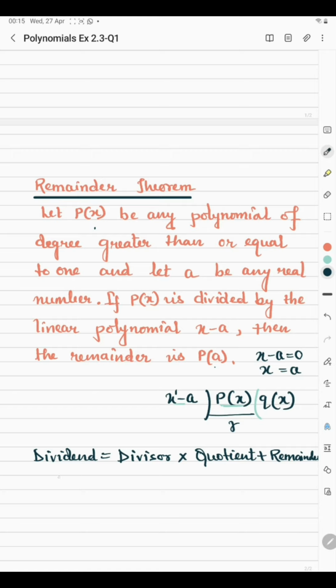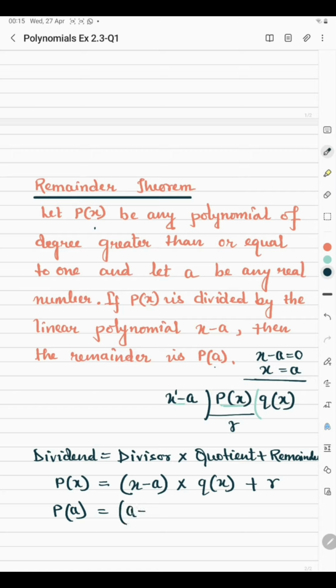So P(x) is the dividend, so in place of the dividend we have written P(x), then we have the equal sign. Now the divisor is x minus a, so we'll write x minus a multiplied by the quotient, the quotient is q(x), and the remainder is r. Now here the value of x is a, so in place of x we'll put a. So here also we'll have a, so (a minus a) multiplied by q(x) plus r.